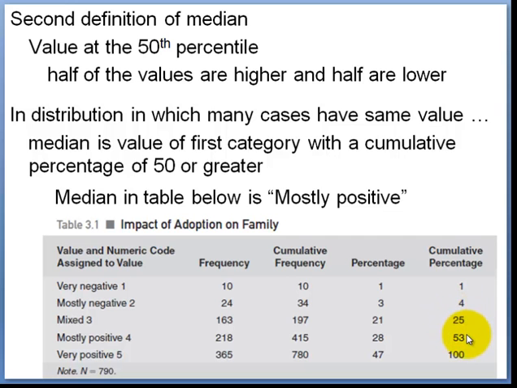The first category for which the cumulative percentage exceeds 50 is the mostly positive category. The cumulative percentage of responses of mostly positive or lower is 53. So therefore, in this table, our median is mostly positive.